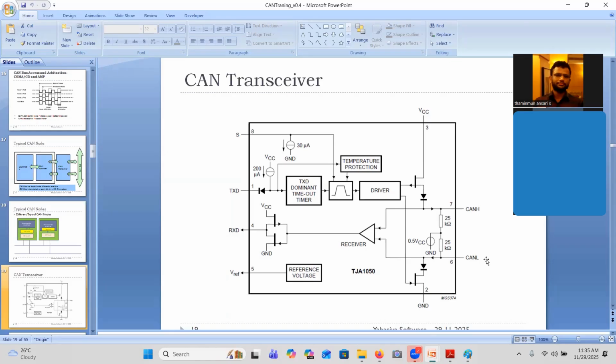Similarly, when a message is received, it has to sit in the receive shift register. The entire frame I am talking about, from start of frame to end of frame, is in case of CAN. In case of serial USART communication, it is 8 bits, one byte, one complete frame.